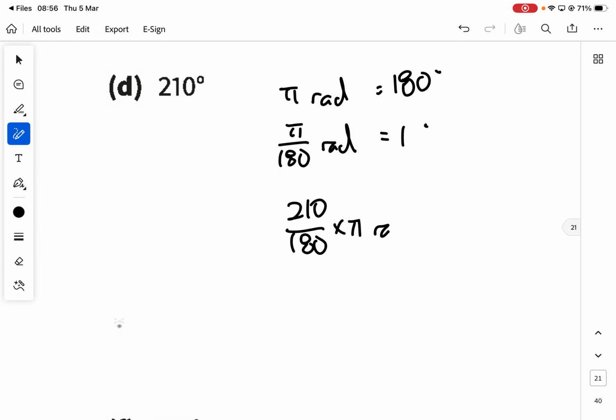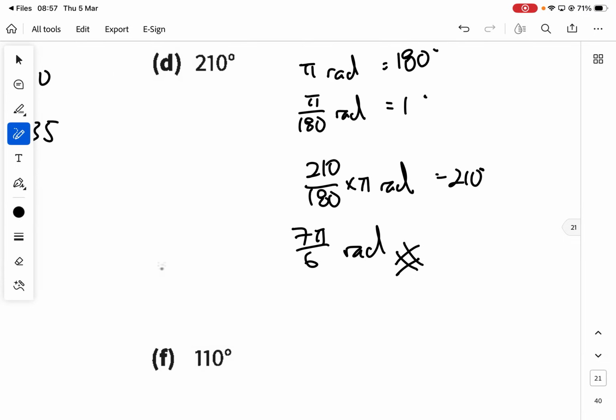If they give you pi, pi radian is the same thing as 180 degree. So I replace the pi with 180, and I get my answer already. 120 degree.